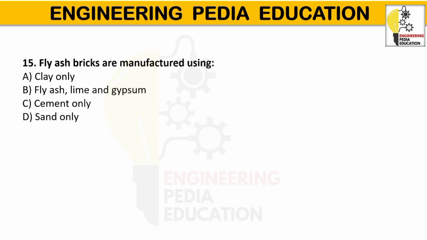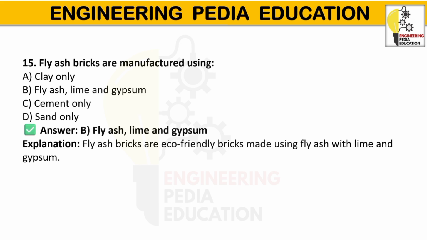Fly ash bricks are manufactured using clay only, fly ash, lime and gypsum, cement only, or sand only. The answer is fly ash, lime and gypsum. Fly ash bricks are eco-friendly bricks using fly ash, lime and gypsum.